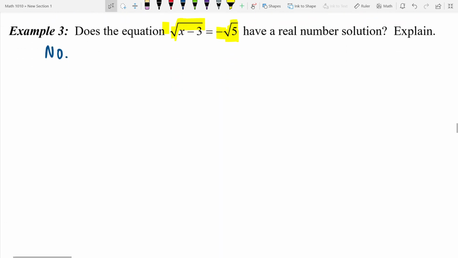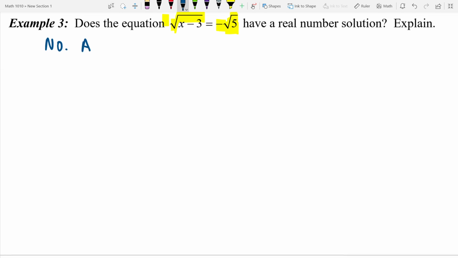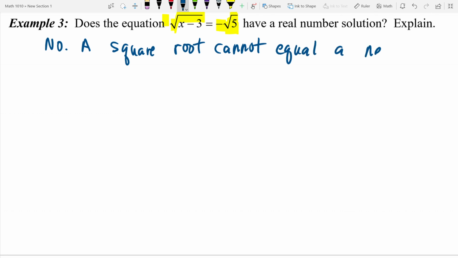I'm going to say the same thing that I have up here. I'm going to say a square root cannot equal a negative. And you guys, this really is a negative number. If you look at the square root of 5, the square root of 5 is 2.2. That's just a negative number.